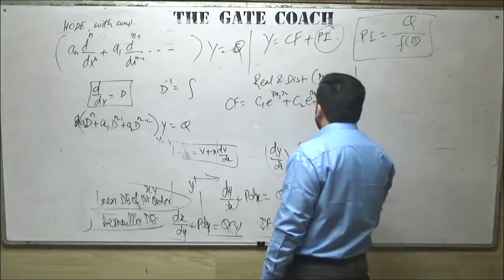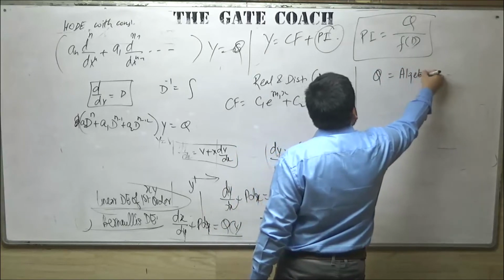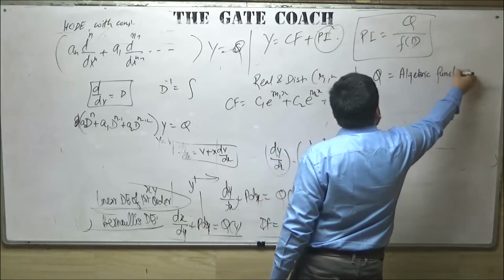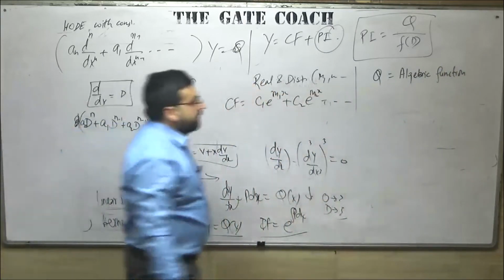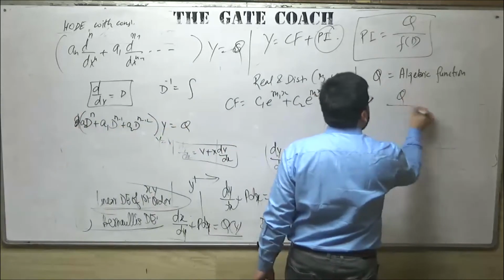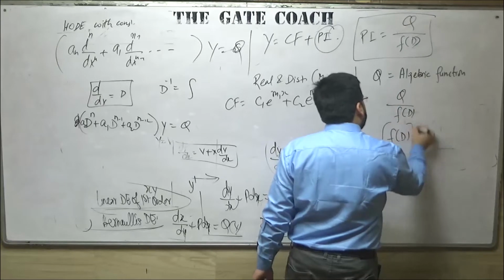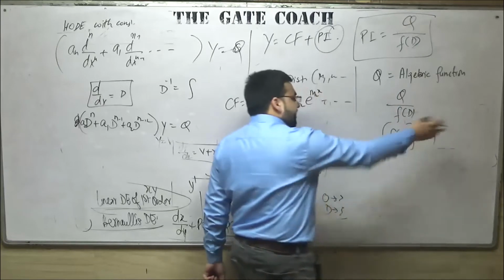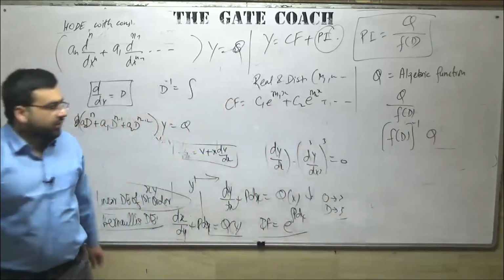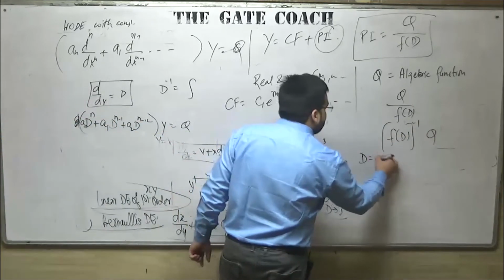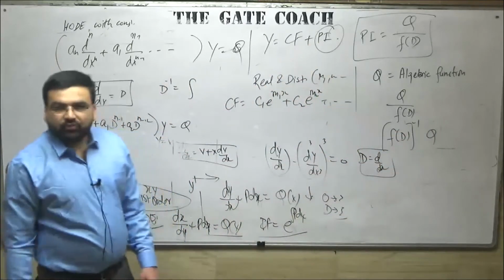Now in particular integral, if this Q is an algebraic function, then you have to expand in the powers of D. For example, Q is an algebraic function divided by f of D. You take it like this, f of D inverse and Q. Then you expand this f of D by the binomial expansion. And we know that D is equal to d by dx. You keep on taking the derivative until you get zero.